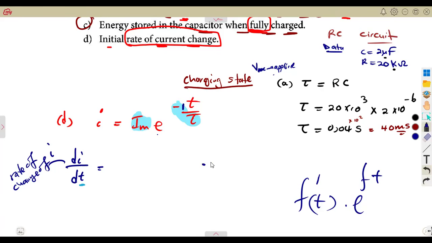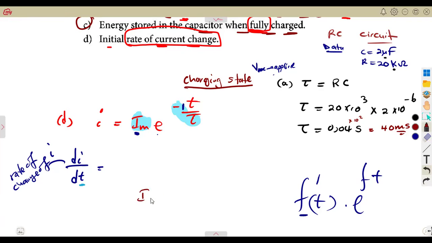Remember, guys, the same as minus 1 over tau times t. So when you differentiate, you just drop this t. That is the derivative here. But it must multiply Im. Take note, there is Im there. So the number there is minus 1 over tau that you need, all right? So that is how it is going to be.